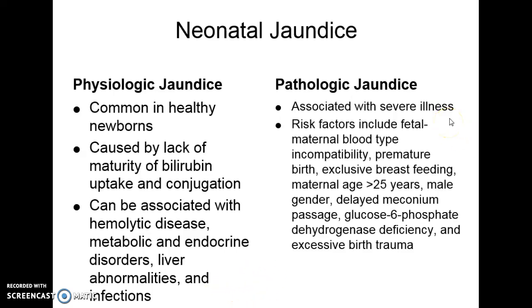Pathologic jaundice is associated with severe illness. Risk factors include fetal-maternal blood type incompatibility, which runs the risk of hemolytic disease in the newborn. Exclusive breastfeeding, because sometimes the infant just doesn't get all of the nutrients it needs from breast milk, and usually to correct that imbalance would be simply to add maybe 1 bottle a day of formula.